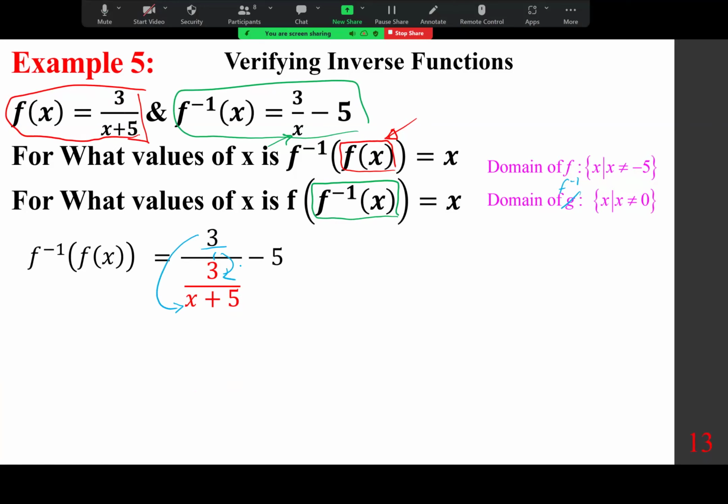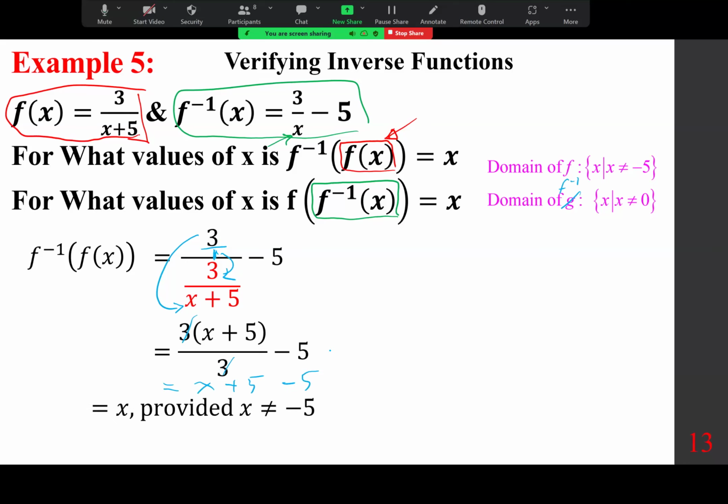You multiply the extremes. You make the numerator into a fraction, 3 over 1. This is 3 over 1. And then 1 times 3, you multiply the means. And these two cancel each other. You get x plus 5 minus 5, which is x, and x can't be negative 5. So we looked at the first case.